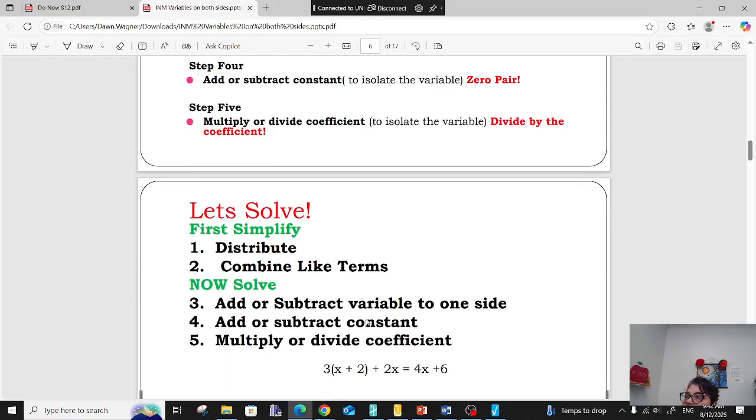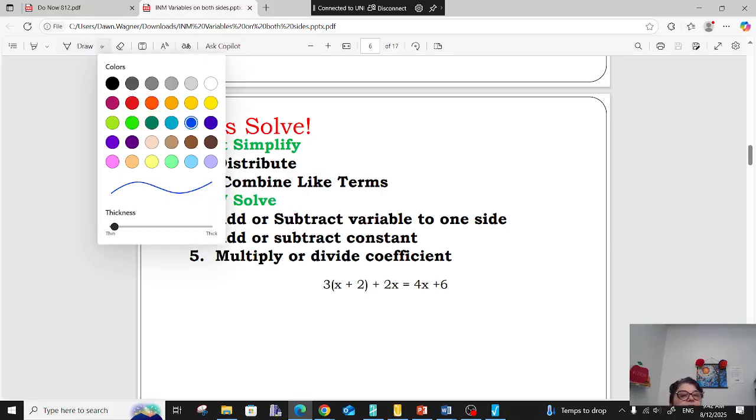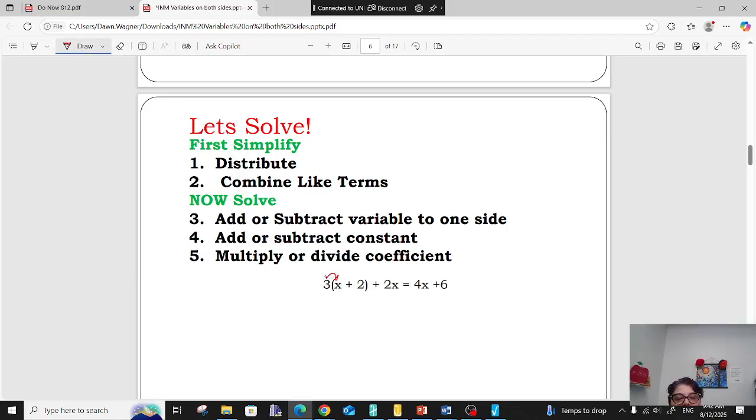Okay, so here we have a problem. And number 1 says to do what? Distribute. So I have to distribute this 3x to both of these in the parentheses. So 3 times x is 3x. 3 times 2 is 6.